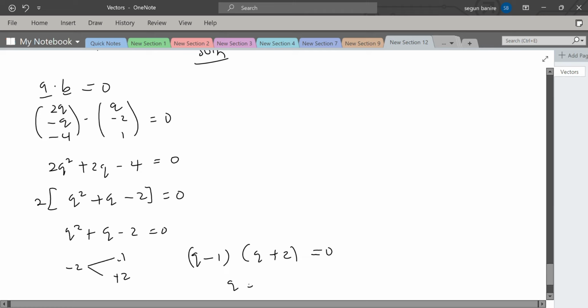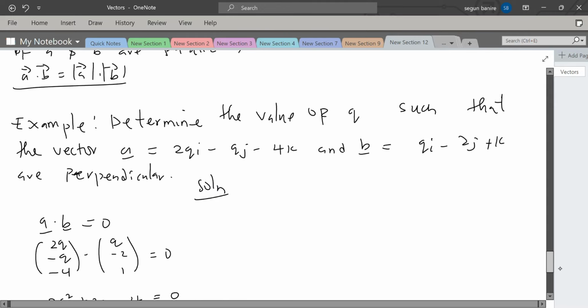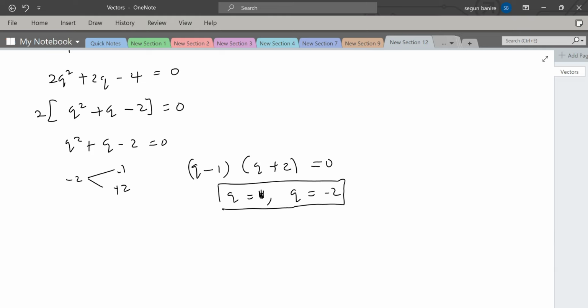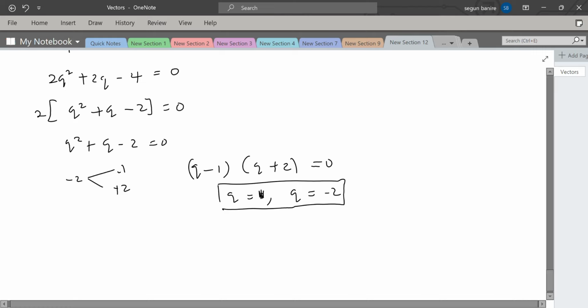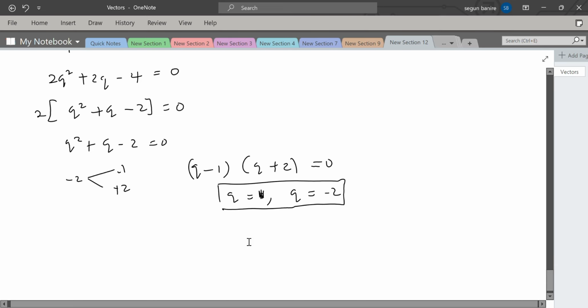So q is equal to 1 and q is equal to -2. So these are the possible values for q if they are perpendicular.